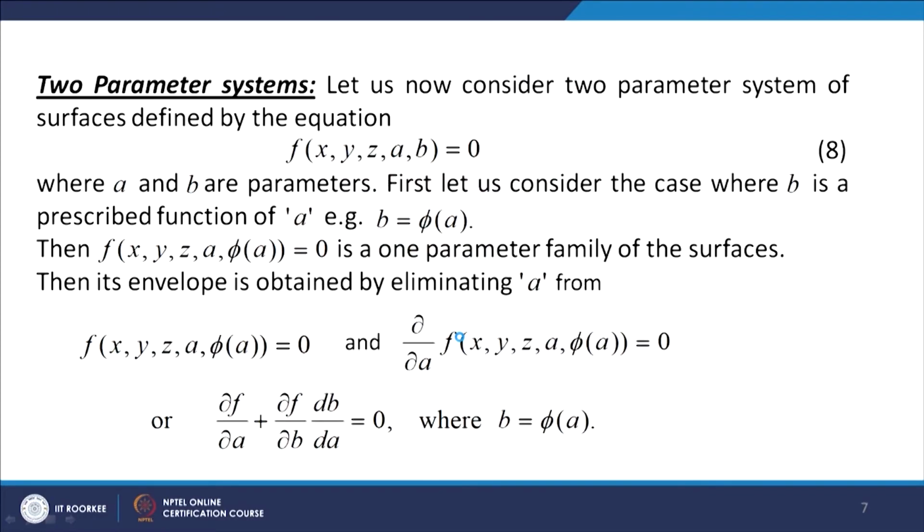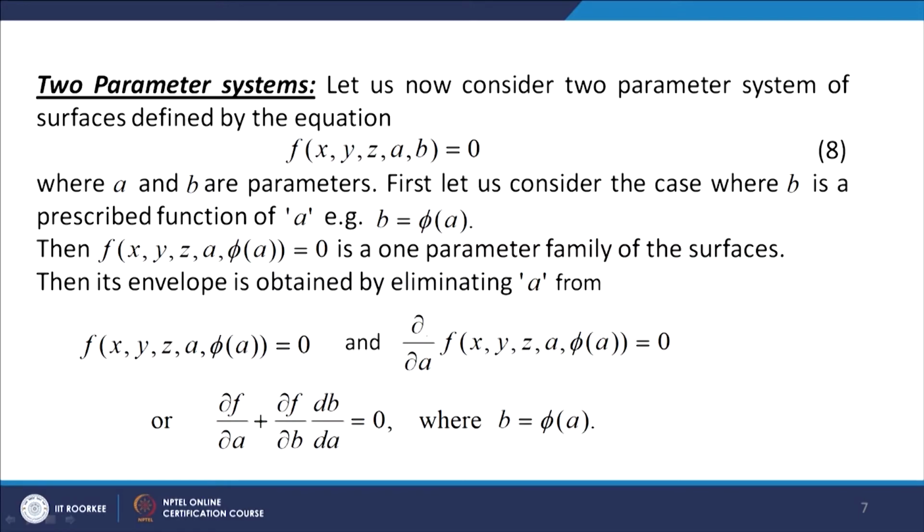Let us see that. The characteristic curve of the subsystem f(x, y, z, a, phi(a)) = 0 is obtained from this equation and this equation. Now, it passes through the point determined by f = 0, f_a = 0, f_b = 0, because if f_a = 0 and f_b = 0, then obviously this partial derivative is equal to 0.